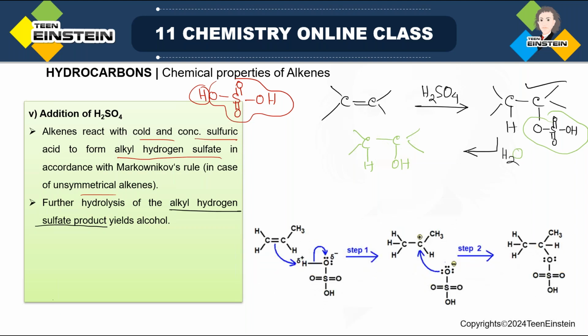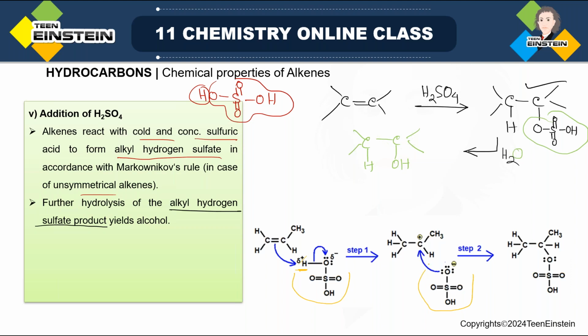You can also look at this mechanism, which will help you to understand. The first step: this is the H2SO4 molecule, written in this way. The pi electron cloud will be attracted to this positive part. Delta plus is there, which means partial positive charge, because we have not broken this bond fully. This is step 1. Now the negative charge will be over this oxygen, and this part is the HSO4 unit.